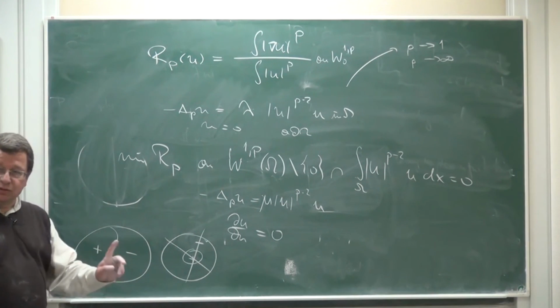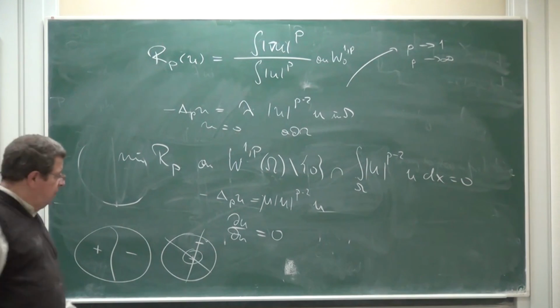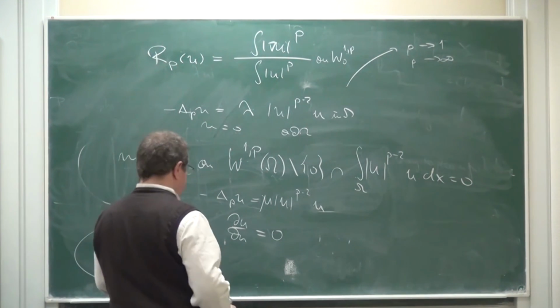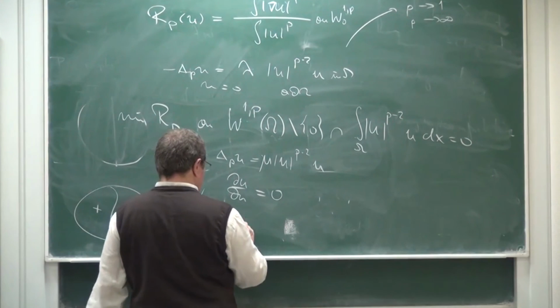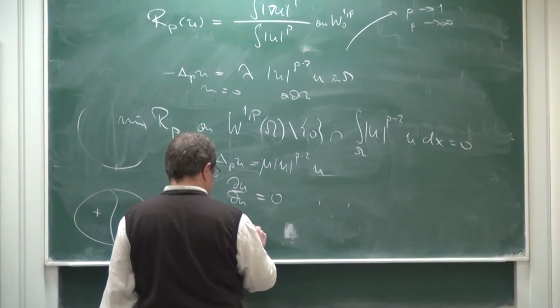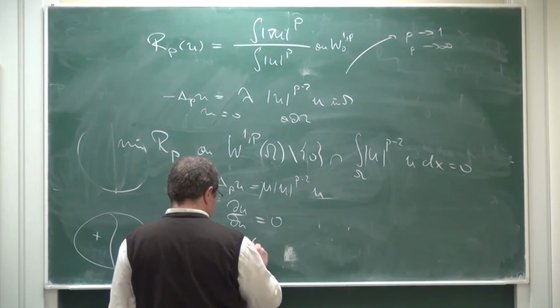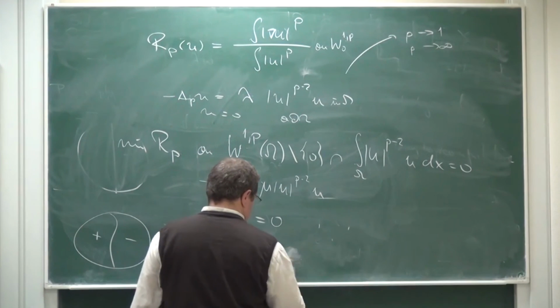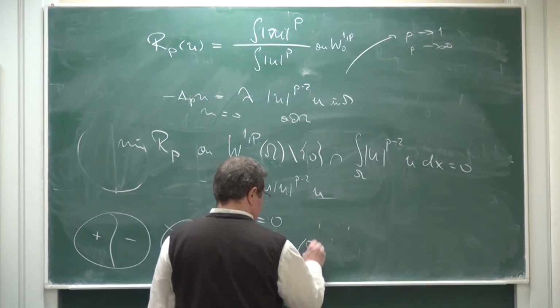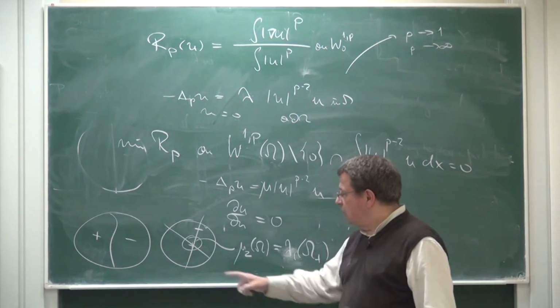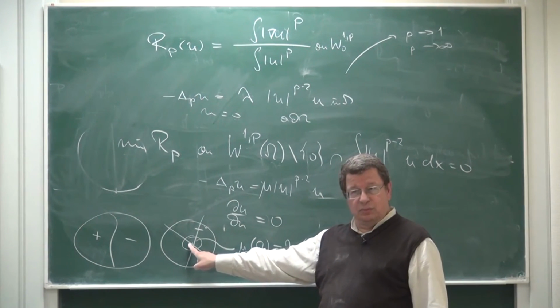Well, for p equal to 2, one would know that the second Neumann eigenvalue of omega is equal to the first Dirichlet eigenvalue of omega plus, because u has only one sign on a smaller domain.